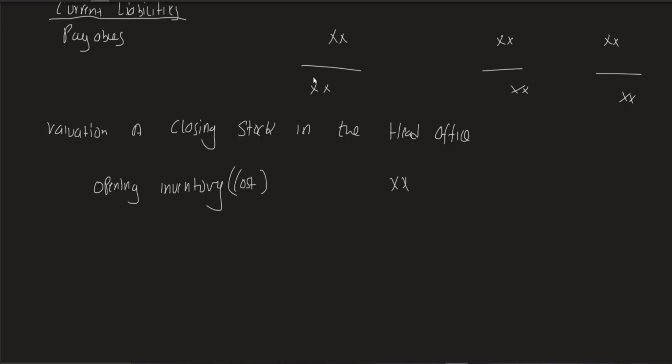We add the purchases right there. We less the goods sent to branch, less goods sent to branch at cost. We less it there. We less obsolete or spoiled goods.